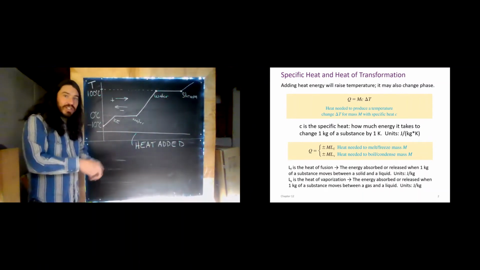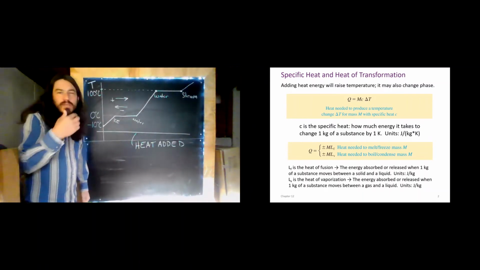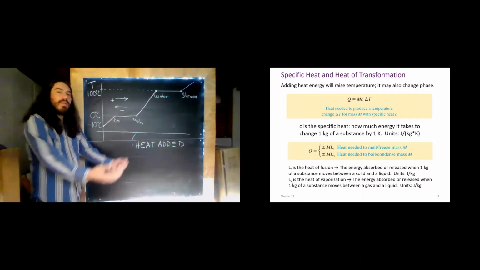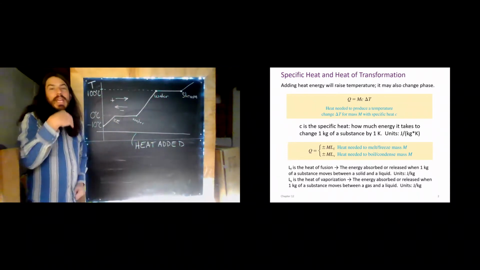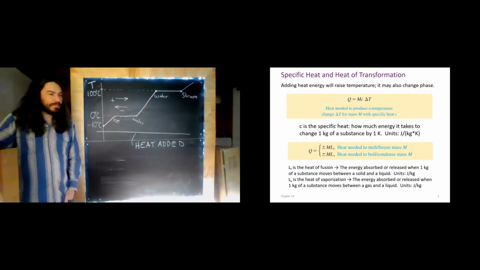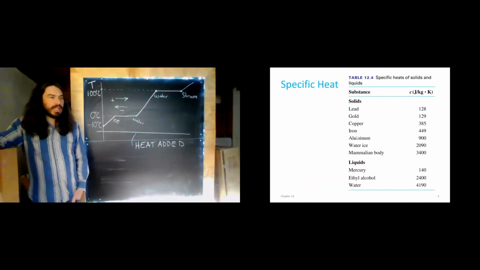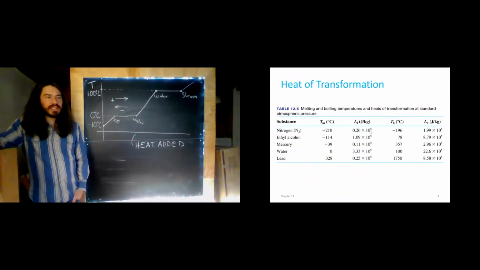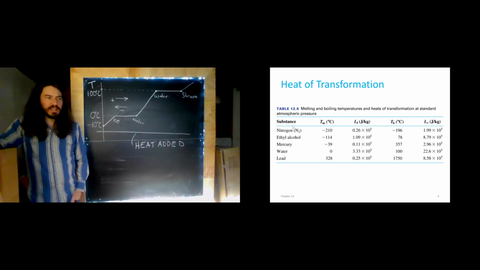Again, if I'm adding energy to something, I'm melting it. I'm making it vaporize. If I'm taking energy away, then I'm making it condense. I'm freezing it. Again, this is the latent heat of vaporization. This chart also tells you the boiling temperature and the freezing temperature for various substances.